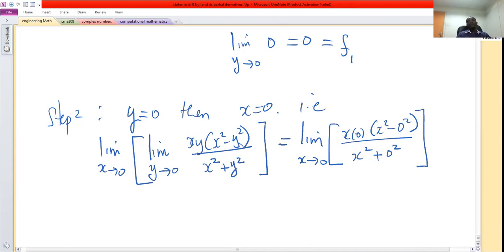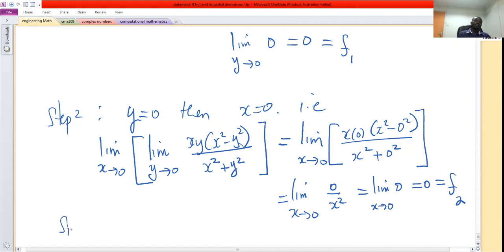So the numerator will be 0 because 0 times this bracket. So we'll have the limit as x approaches 0 of 0 over x squared, which is 0. So we call this one f2.